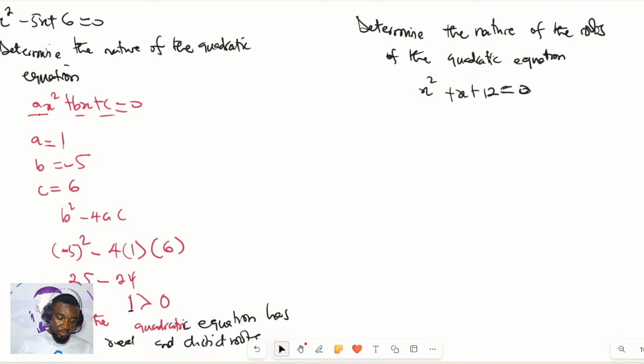Once you get your answer, put your solution in the comment section. We want to determine the nature of the quadratic equation. I hope you are working it.